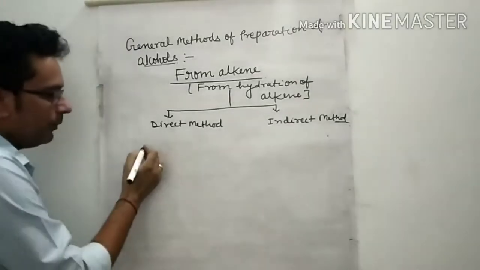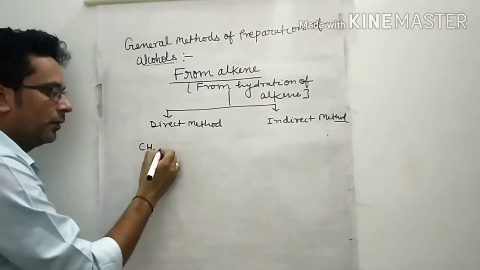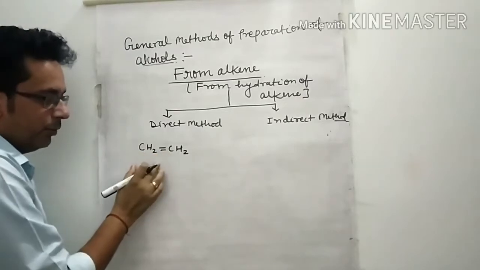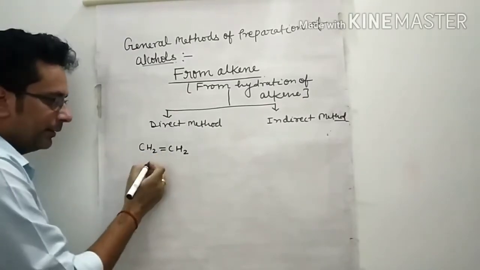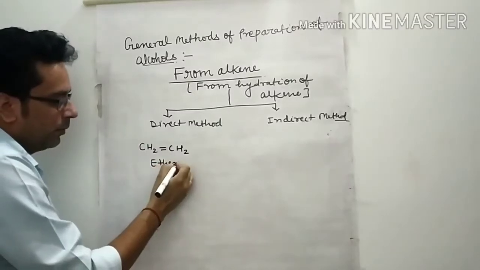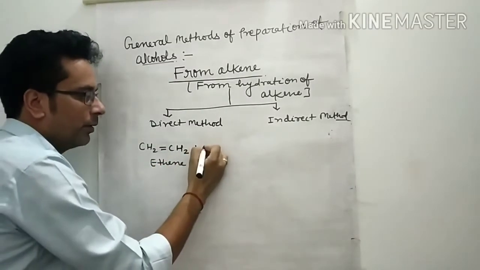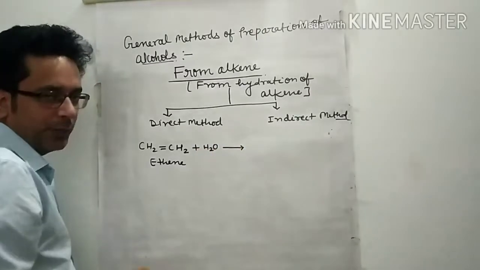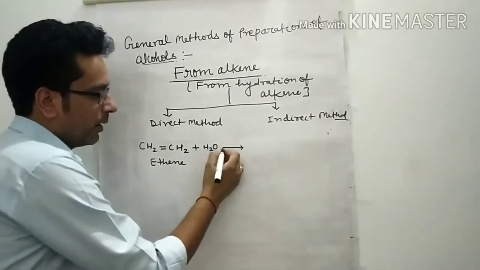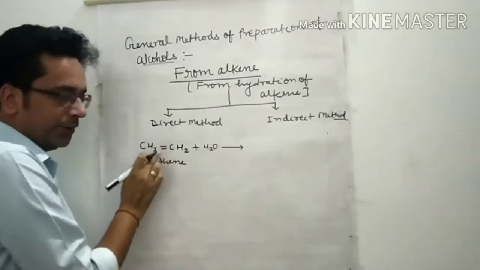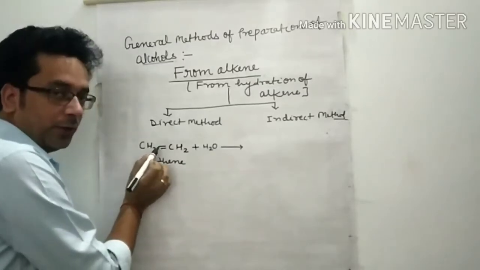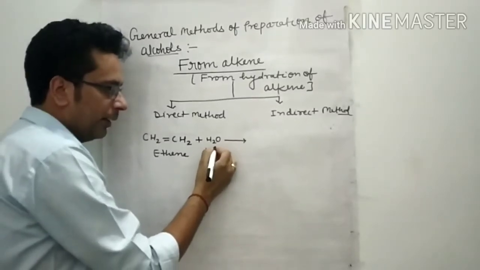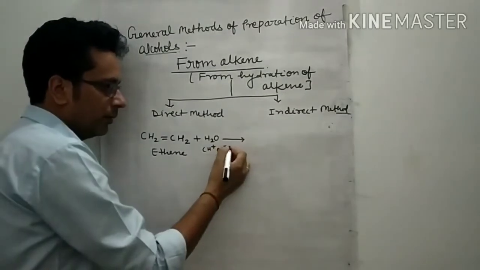Now look here, alkene, carbon carbon double bond, the simplest alkene, that is ethene. It reacts with water in the presence of some catalyst. The double bond dissociates, one bond is a pi bond and one is a sigma bond. Water can also be written as H plus and OH minus.